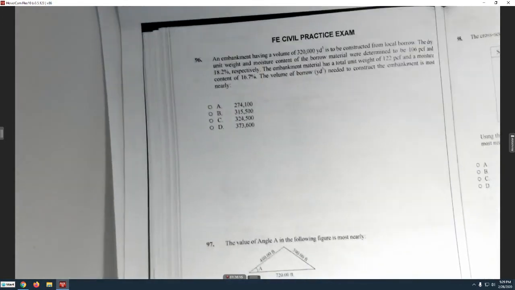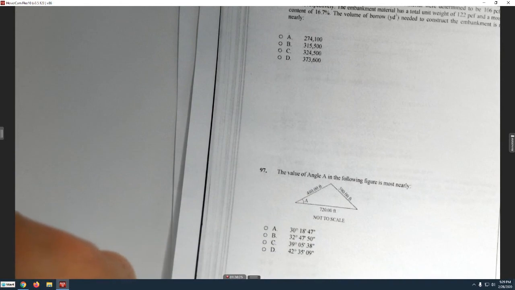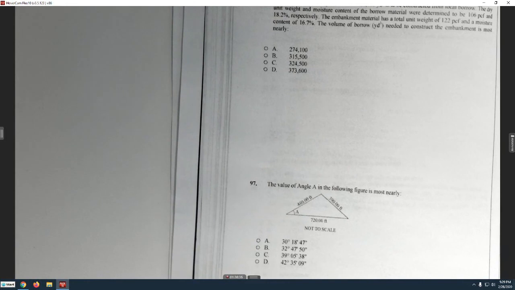Well, there are a bit of earthwork type of questions in the last several ones. So 96 is another earthwork one. Not really, this is more of a construction one. 98, calculate the volume, an earthwork one.